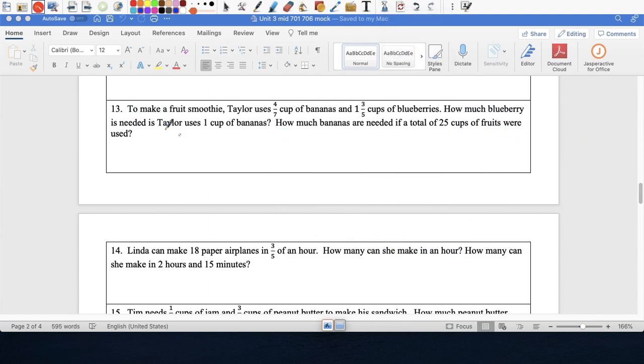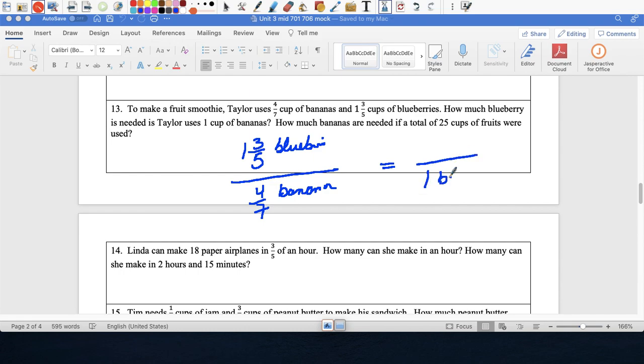Now the first part is how much blueberry is needed if Taylor uses 1 cup of banana as well. The unit rate here is 1 3/5 of blueberries. She uses 4/7 cups of bananas. Now, if she uses 1 cup of banana, how much blueberry does she need?